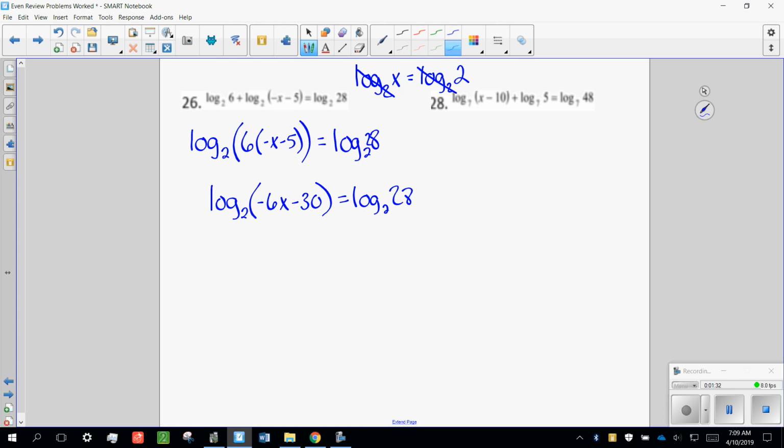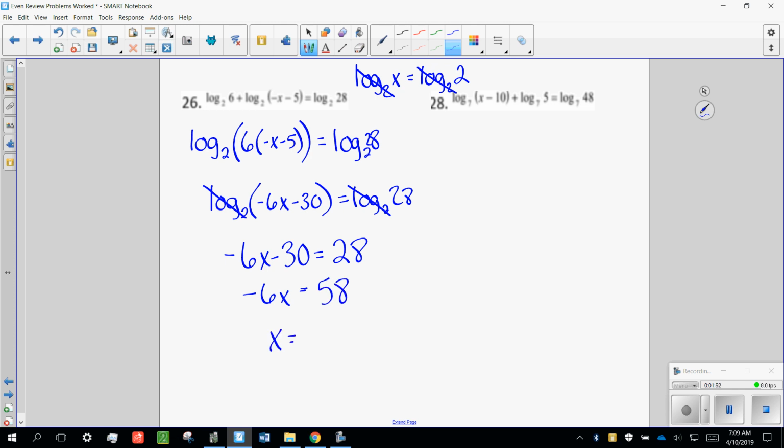And now we have this very situation we were talking about earlier, log base 2, which means the argument inside those logs has to be equal. So we get negative 6x equals 58.